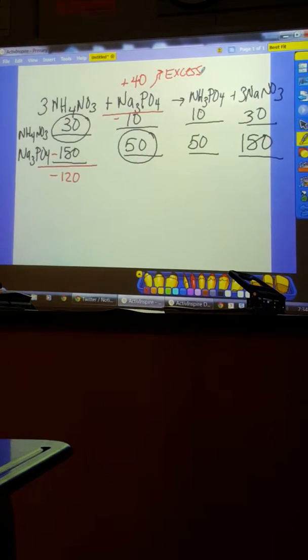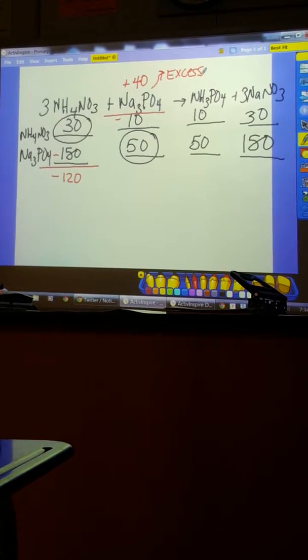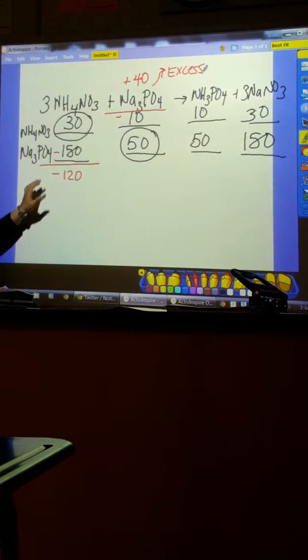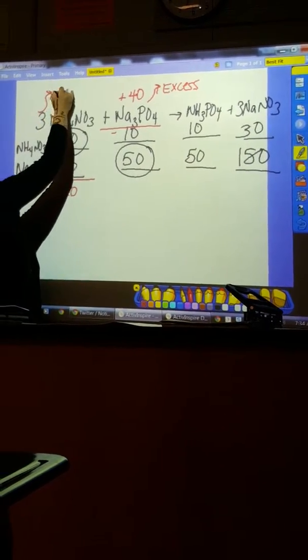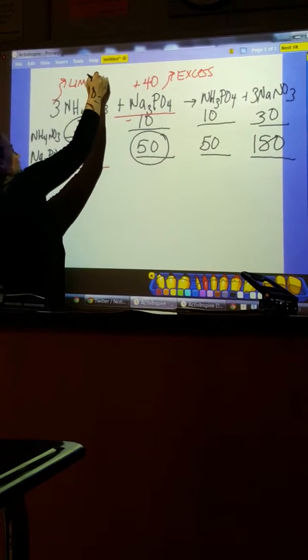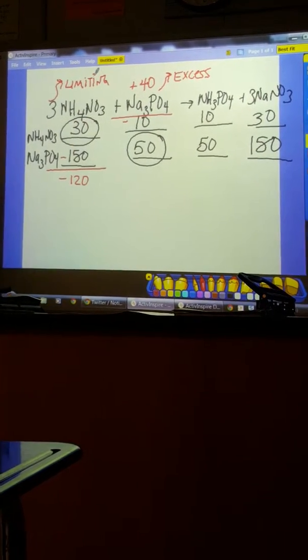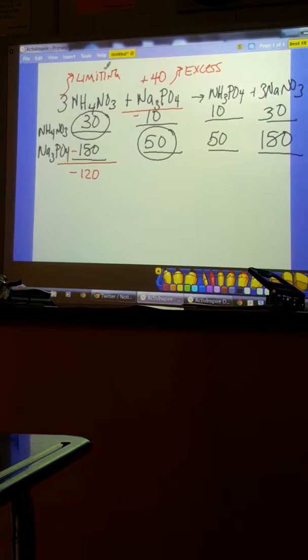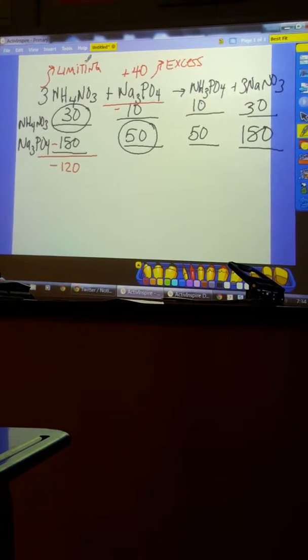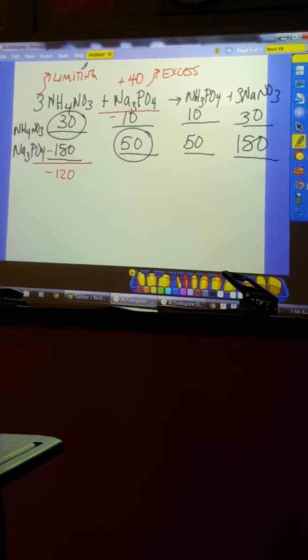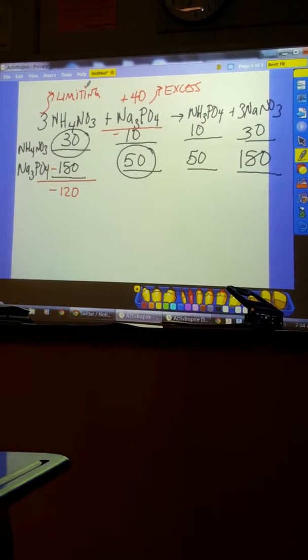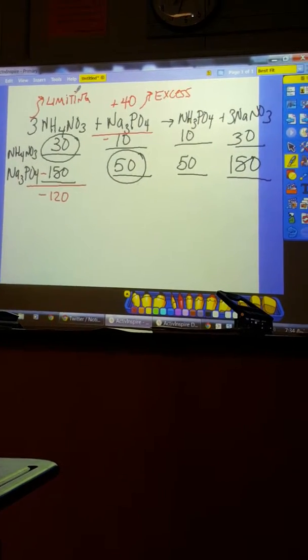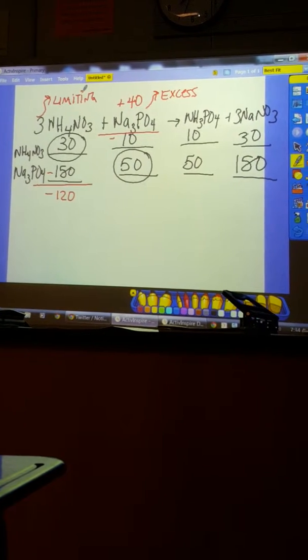The negative 120. So we call this our limiting reagent. Excess and limiting. Good? Now the last part of it is it may ask you to calculate something.